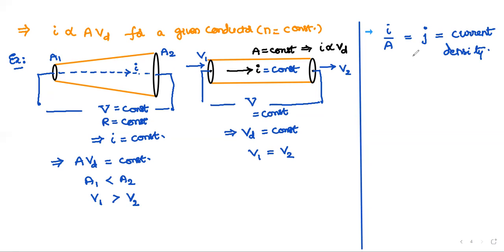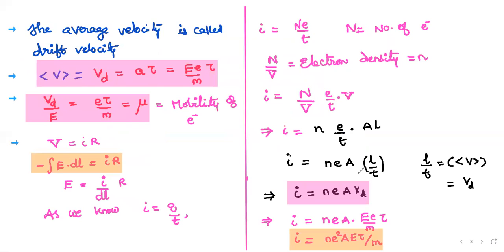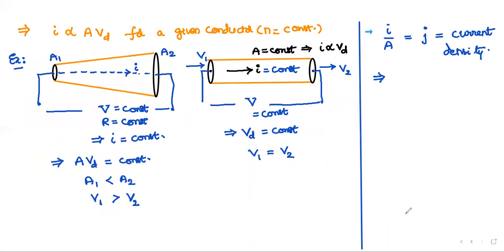So I by A equals J. If you want this current density in terms of drift velocity, check back here. Look at the equations. I by A is nothing but nevd.